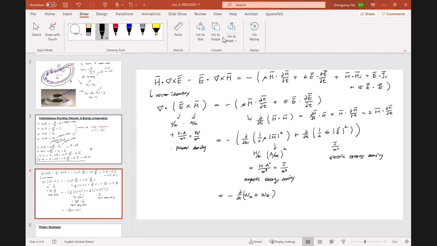Actually, this power is carried by the electric field and magnetic field, so we call this the electromagnetic power density. Particularly, we denote this vector as S_P, which is called the Poynting vector. Again, it is the power carried by the electromagnetic field.